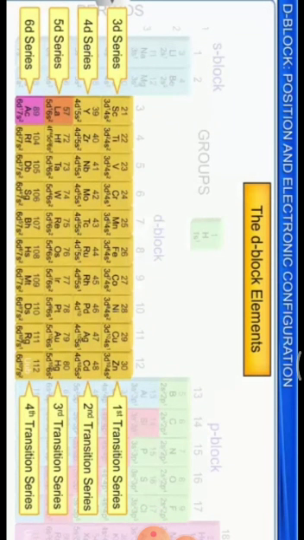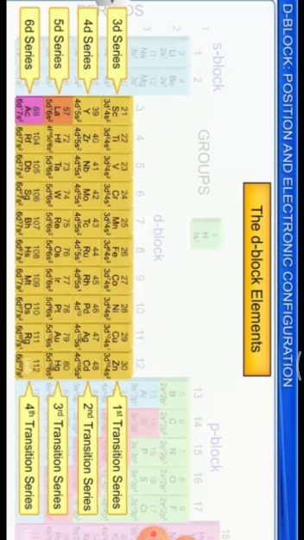3d series starts from scandium with atomic number 21 to zinc with atomic number 30, that is 10 elements. This is the first transition series. The second transition series or 4d series is from yttrium with atomic number 39 to cadmium with atomic number 48.